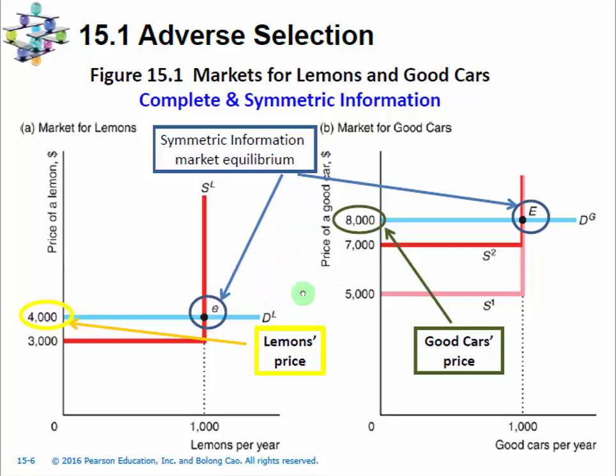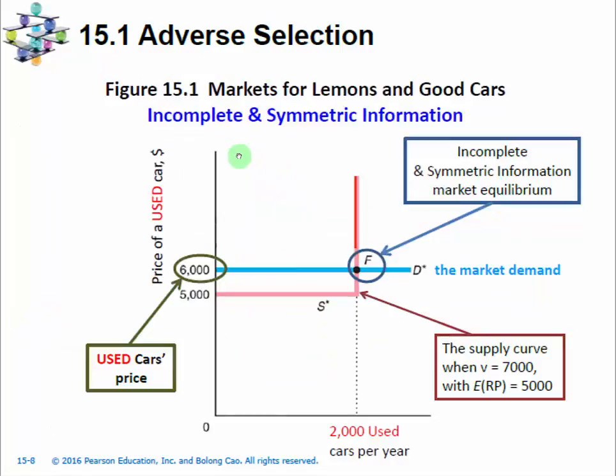We can also quickly consider a different situation where the information is not complete, but it is symmetric, meaning that neither party, neither the buyers nor the sellers, knows the quality of the used cars. Both sides are ignorant of the quality. Because nobody knows the quality of the used cars, the information is incomplete.